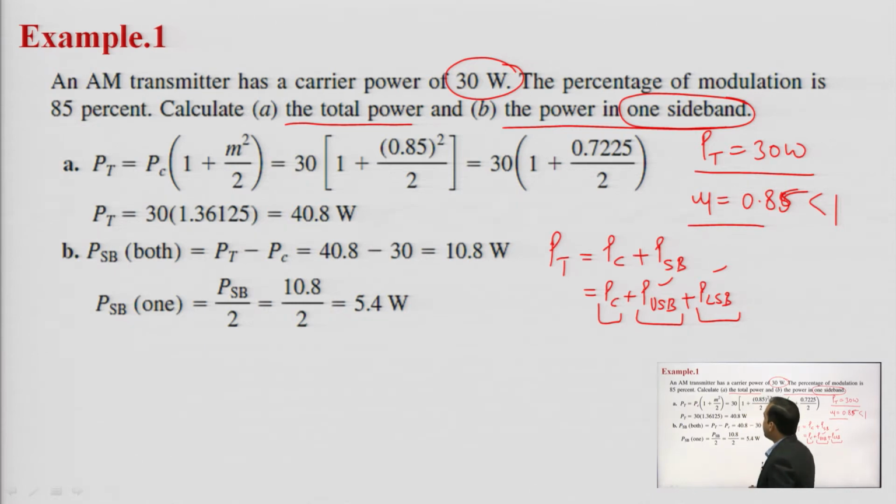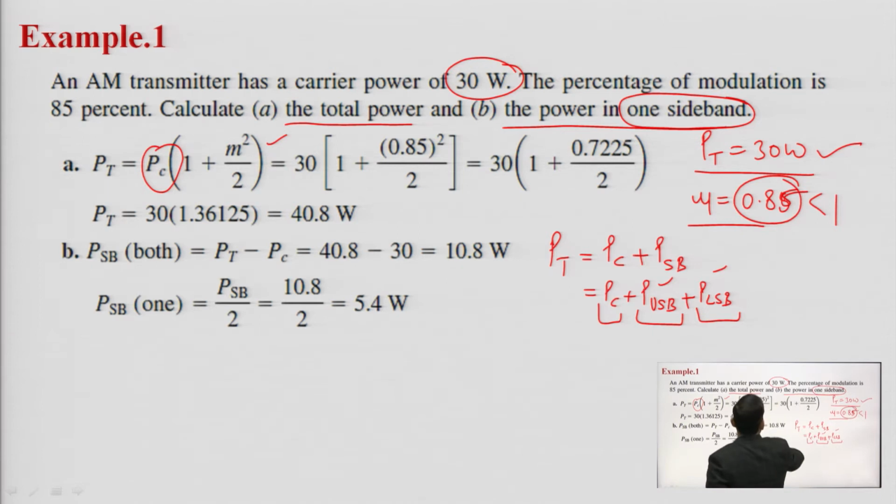So the relationship is PT equals PC times 1 plus mu square by 2, and PC was 30 as per the question. Now mu was 0.85. If we put this in the relationship, we find that the total transmitted power is 40.8 watt.